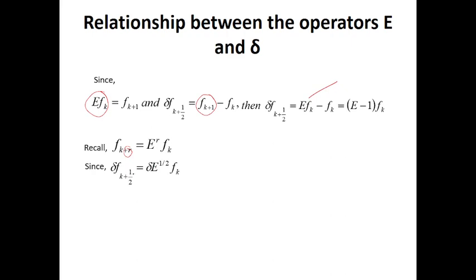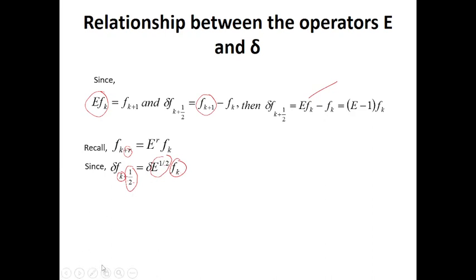So, alam natin to, delta f sub k plus 1 half is equal to delta E to the 1 half f sub k. Diba? Yung plus 1 half, para maalis, lagyan natin ng E to the 1 half beside f sub k para matira yung k dito. So, delta E to the 1 half f sub k.